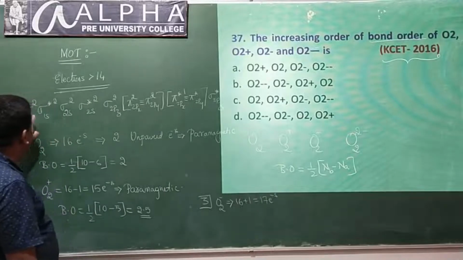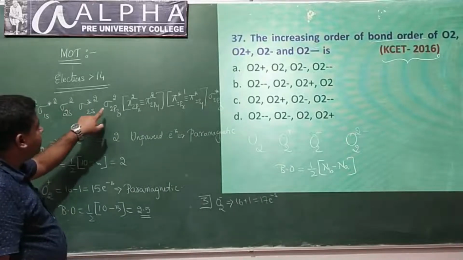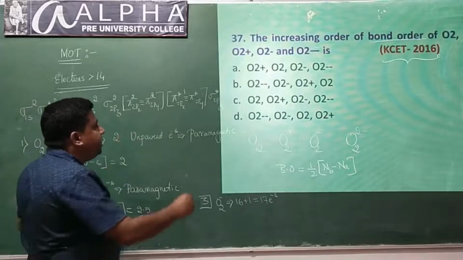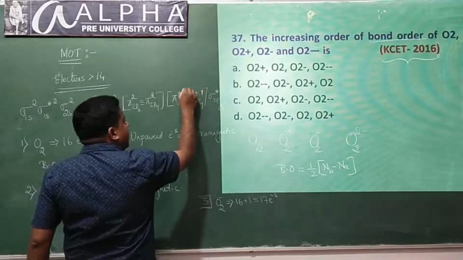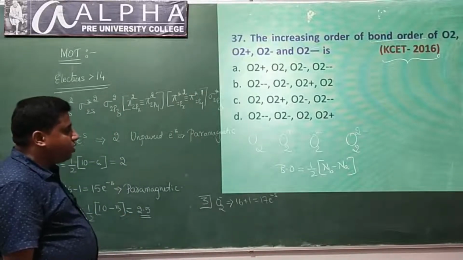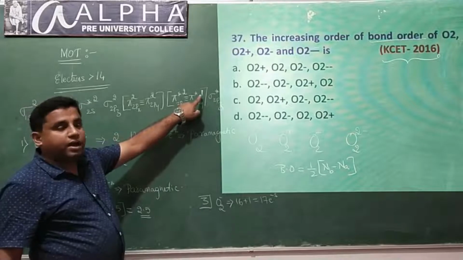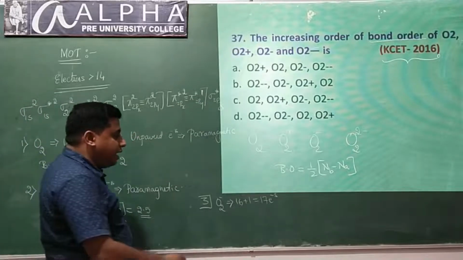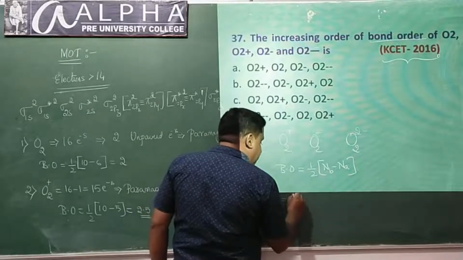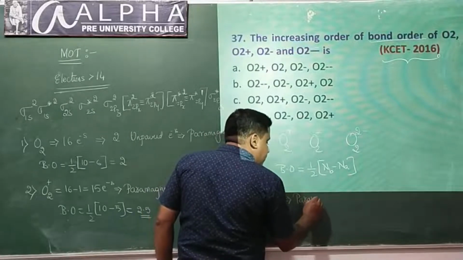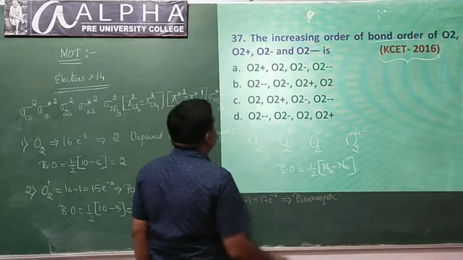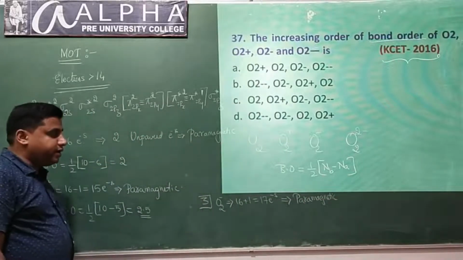Come on, 2, 4, 6, 8, 10, 11, 12, 13, 14, 15, 16 and 17. Again there is one unpaired electron. That means this is also paramagnetic in nature.